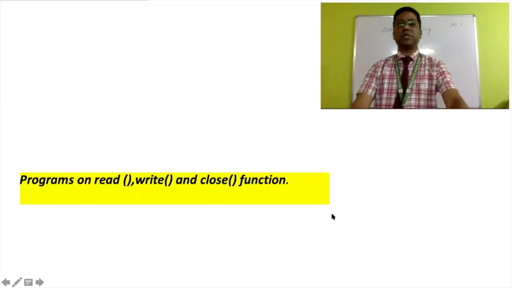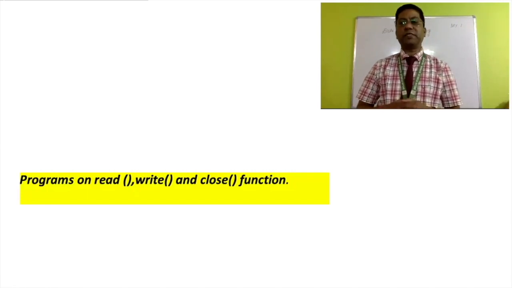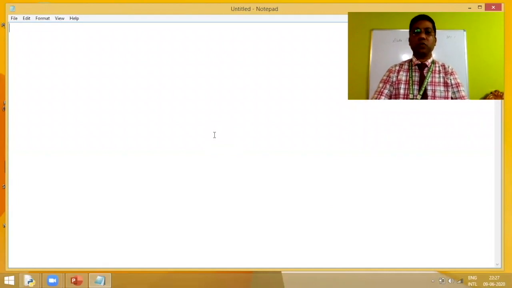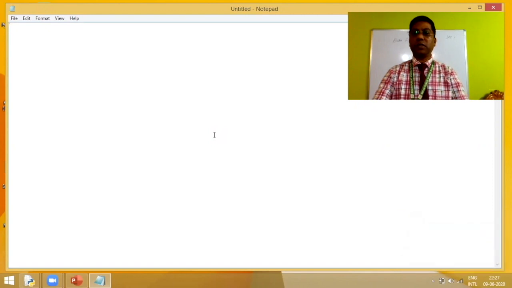Now I'll be demonstrating the use of the open function and writelines on the computer, and how the files are created. Let me show you how to create a text file. As I told you, there are two ways we can create a text file. One is by using a text editor, and the second one is by writing a program in Python.